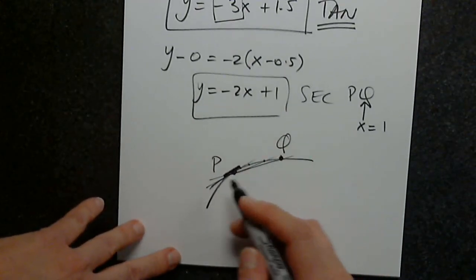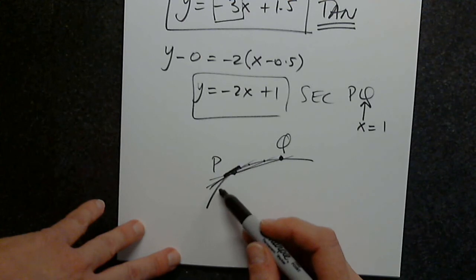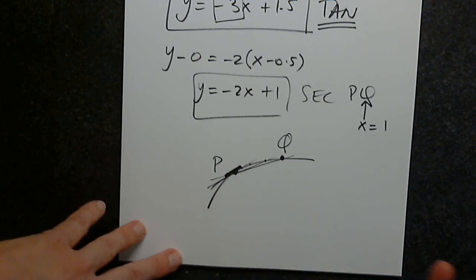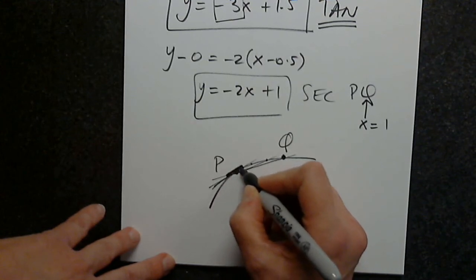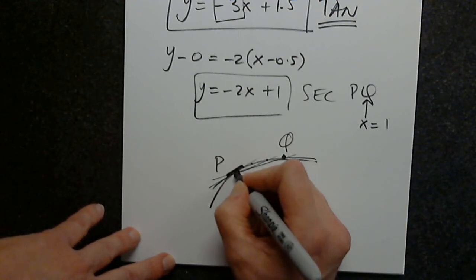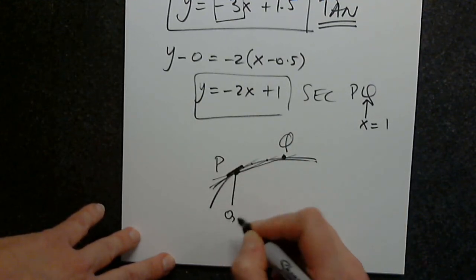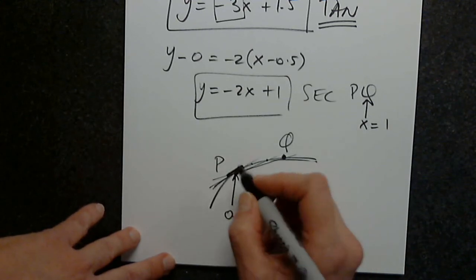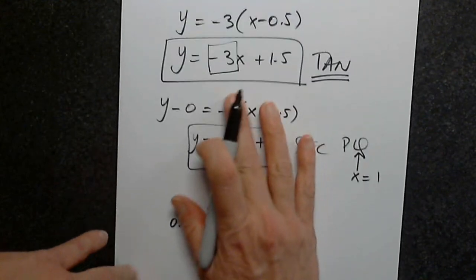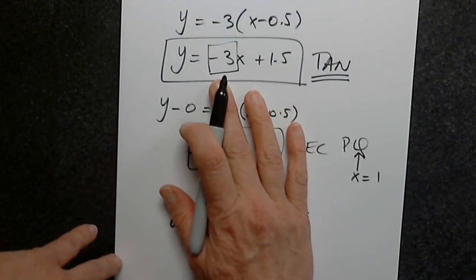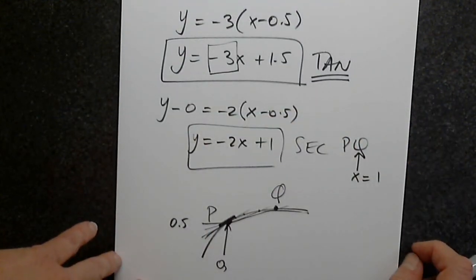So if you ask me, what is the rate of change of distance with respect to time of a particle that moves along this curve exactly at the point where x is 0.5, I will say it is -3 feet per second.